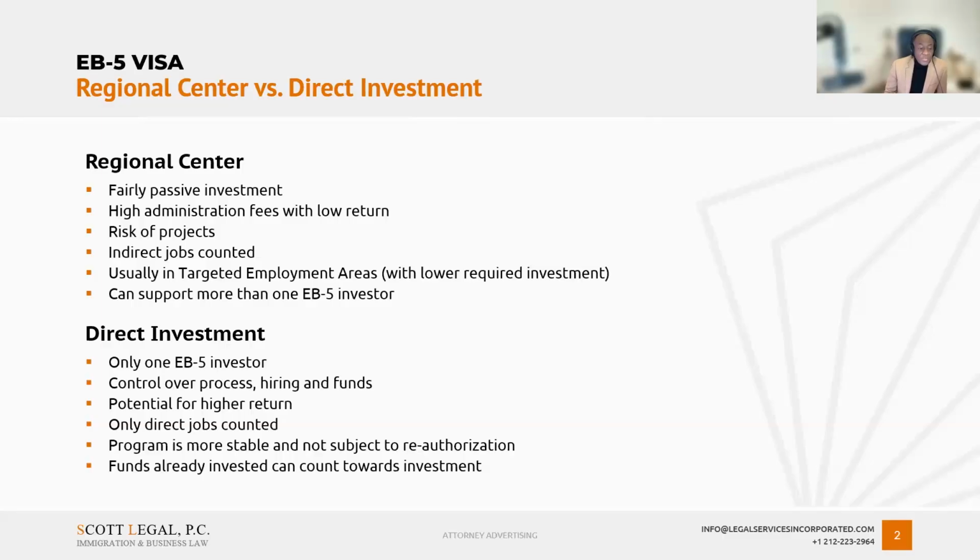Indirect jobs are really, instead of being the people directly working for the entity, an economist might take a look at the particular Hilton hotel chain, but then also look down the street, where there's a restaurant, and a dry cleaner or a gas station or other businesses that are there as a result of the new hotel being there. The economist will make a report that says that as a result of that hotel being there, there are a number of indirect jobs there, and that is something that can be utilized as well to meet the job requirement.